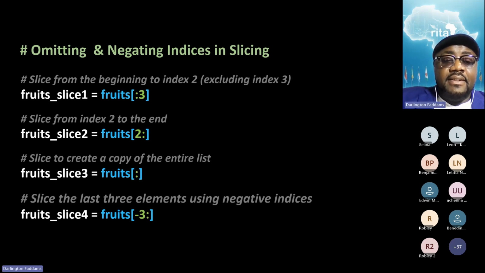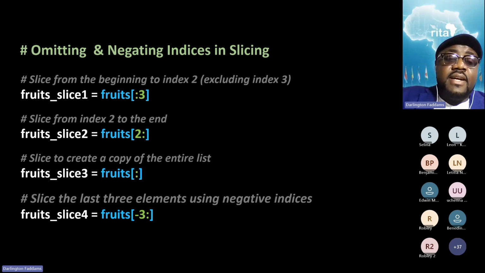All right. If you use a negative index, you can also slice from -3 to the end, and so you get the last 3 items. If you slice -2 to the end, you get the last 2, and then -1 is just like using an index to pull out just that particular last item.